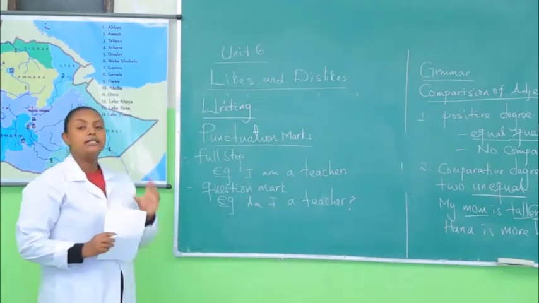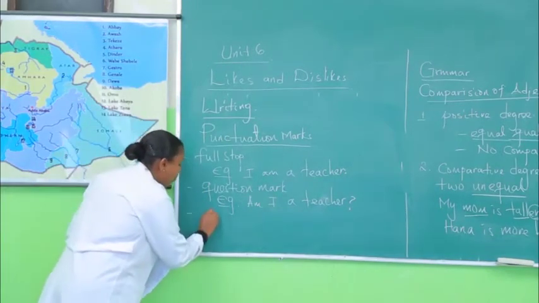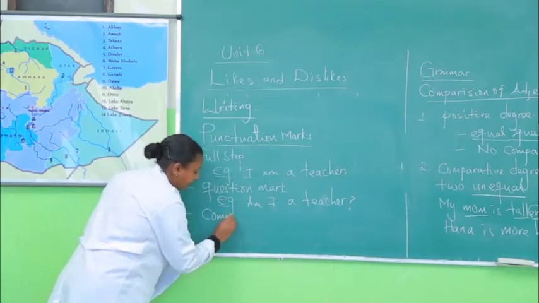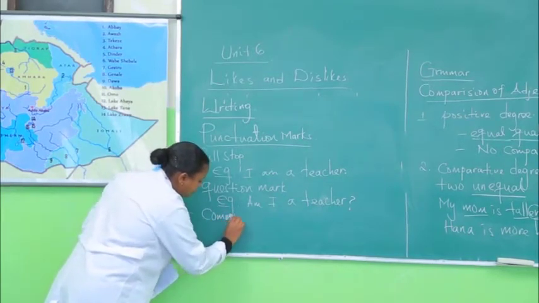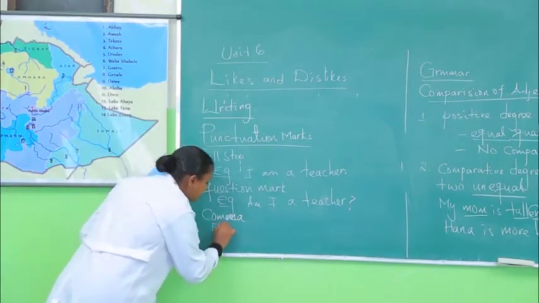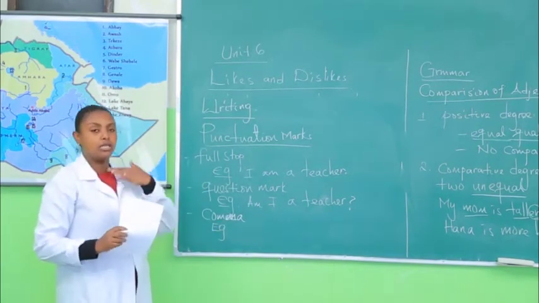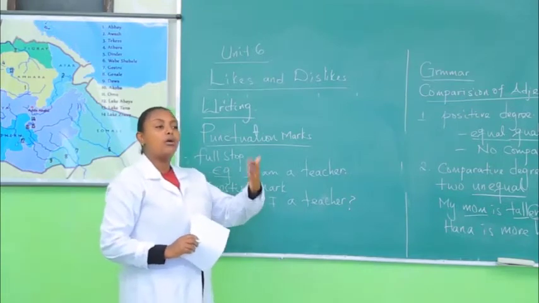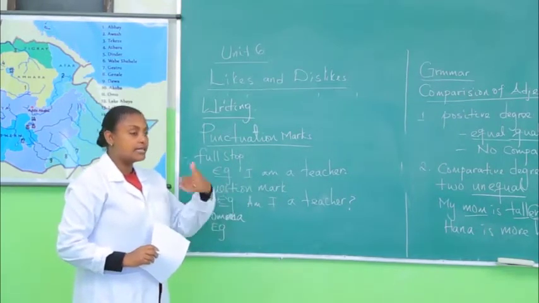The third one that is very important is comma. So, this comma is used when you are taking a pause in reading, and also when you are listing things.